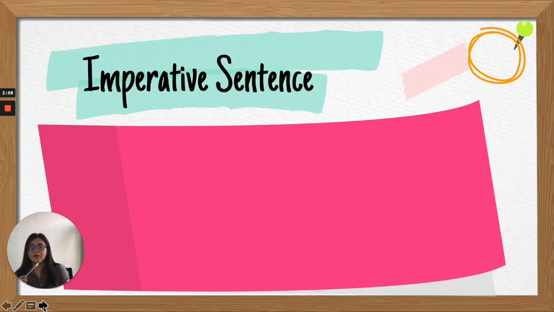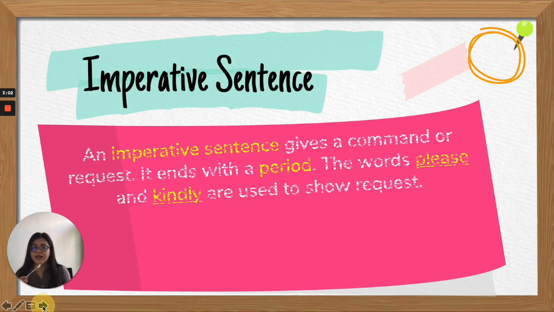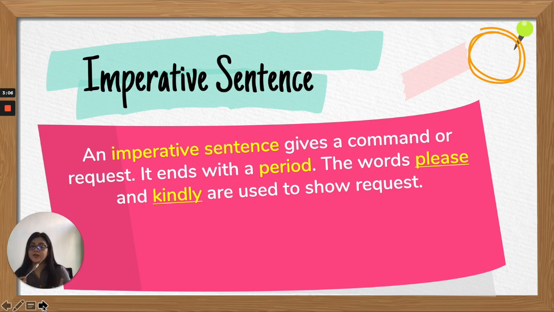Now let's go to imperative sentence. Imperative sentence basically gives a command or request. It also ends with a period. So the words please and kindly are used to show request, but not all imperative sentences have please and kindly, because these are used to show respect.